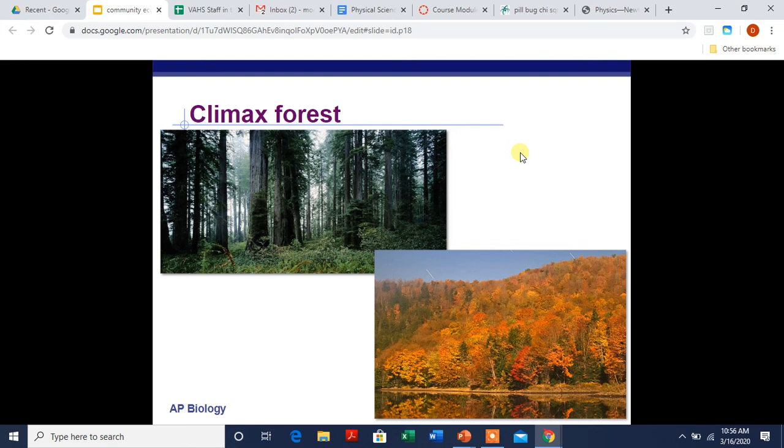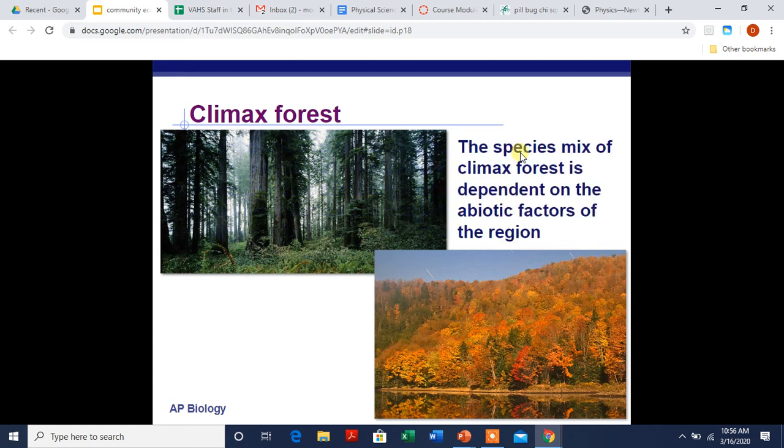Here are two pictures that might look familiar about climax forests. So the top one, the species mix of climax forests is dependent on the abiotic factors of the region. Very acidic soils, like in northern Wisconsin, and rocky soils are the reason that you get those tall pine trees.